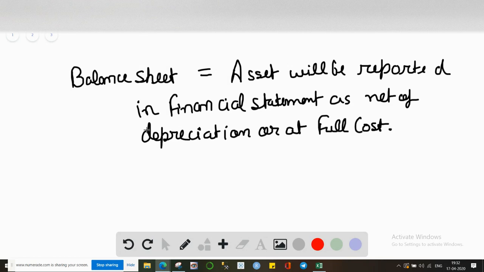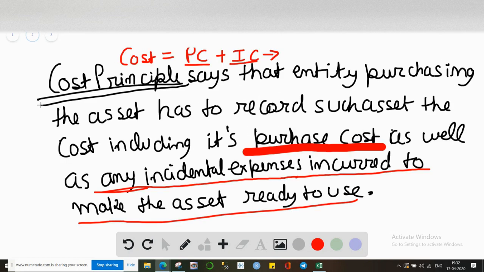First of all, with the cost principle, what we have understood is that even if the market value of the asset has appreciated, it does not matter. You have to record your asset at the cost which you have incurred.